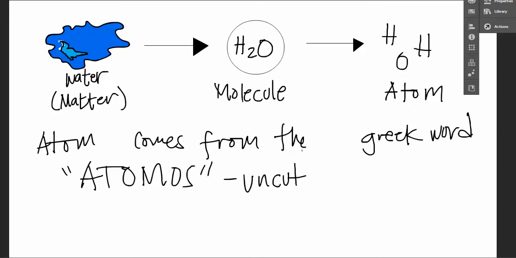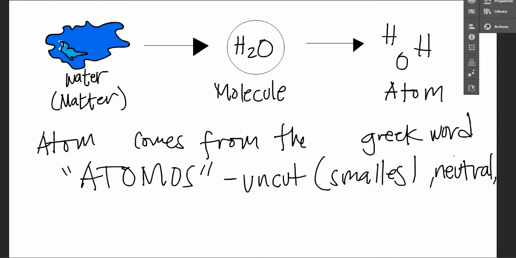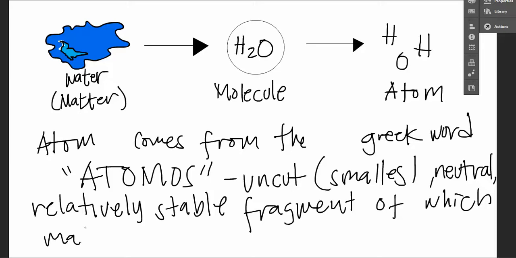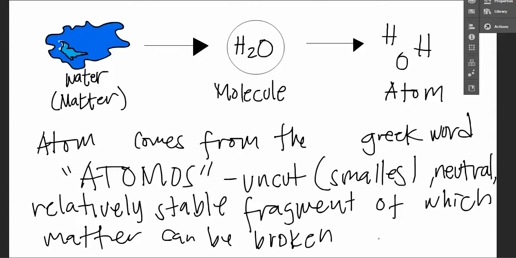So this ultimate particle of matter may be described as the smallest neutral, relatively stable fragment into which matter can be broken down.